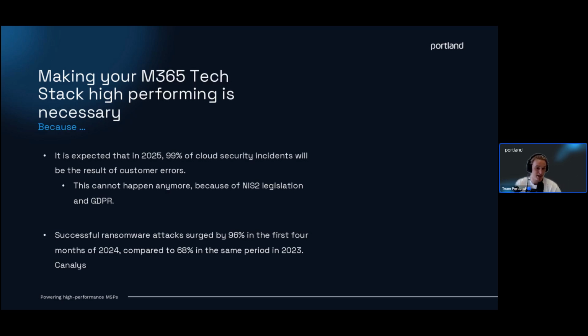Successful ransomware attacks surged by 96% in the first 4 months of 2024, compared with 68% in the same period of 2023. That's from our friends at Canalys, an analytical company within the Benelux region for the MSP market. I think 96% compared with 68% is insane.